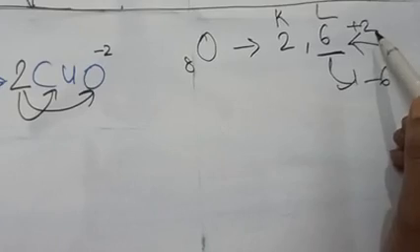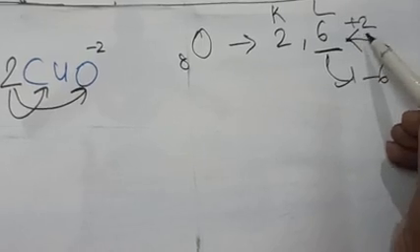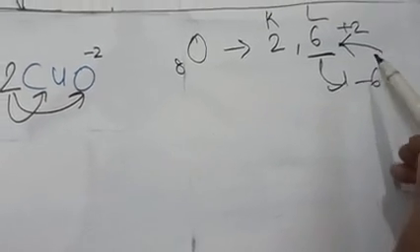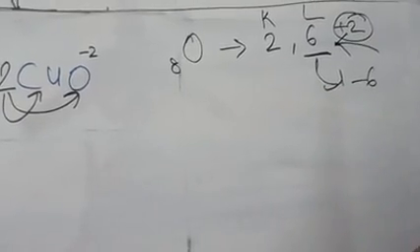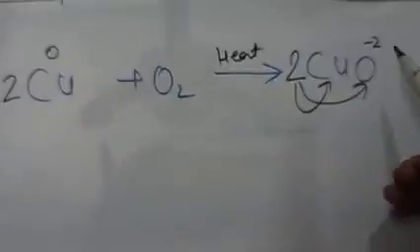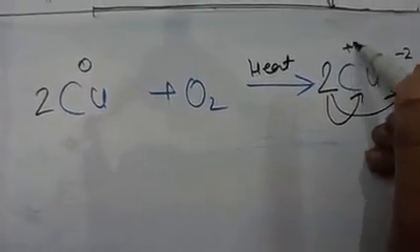Gaining 2 electrons is easier as compared to losing 6 electrons. So that's why it will take 2 electrons. If it gains electrons, then obviously a negative ion will form. So here oxygen is -2, and copper is +2.